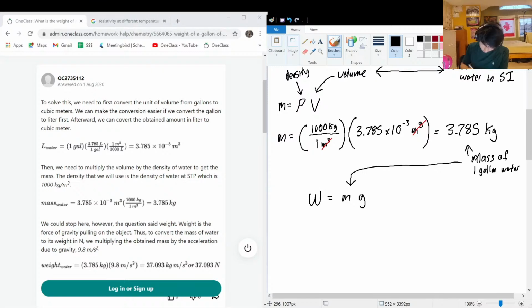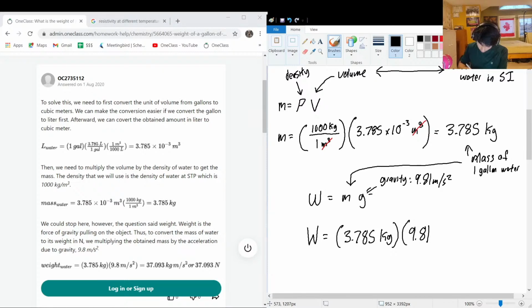So that's the mass, and g is gravity, so that's 9.81 meters per second squared. Okay, so W for weight, that makes sense. Let's put that equation together. 3.785 kilograms, multiplied by 9.81 meters per second squared.